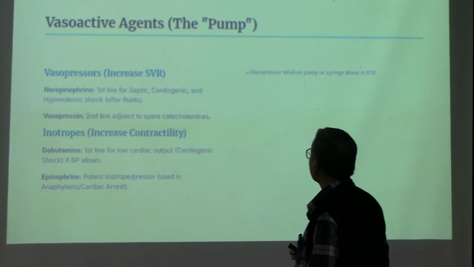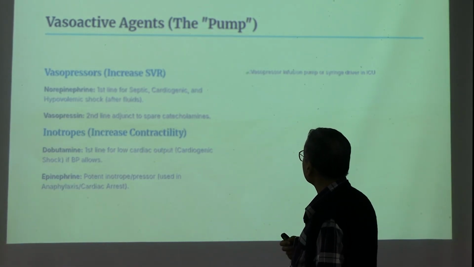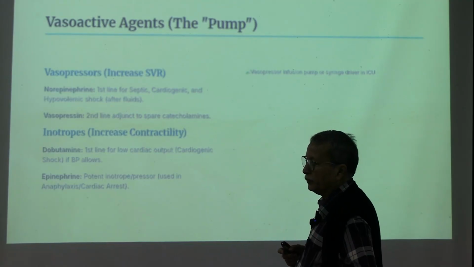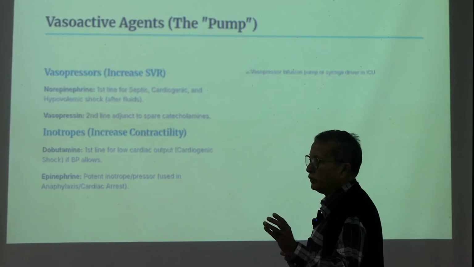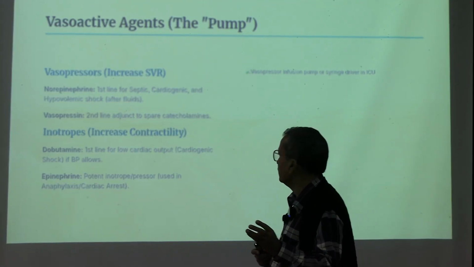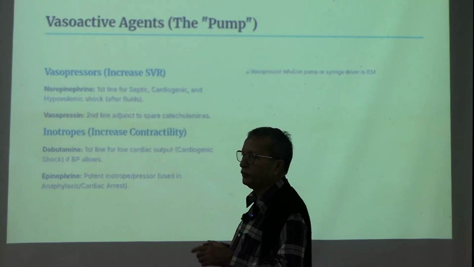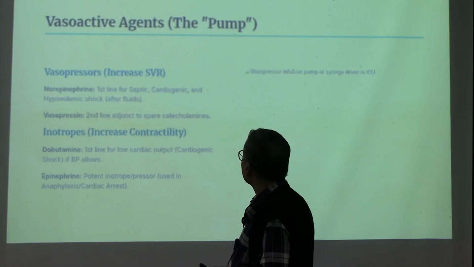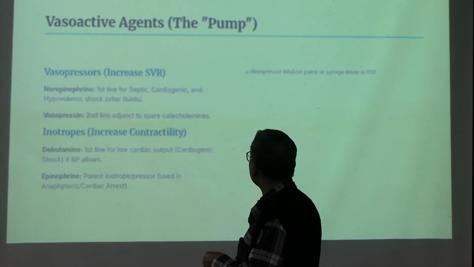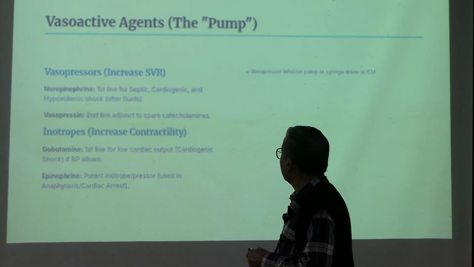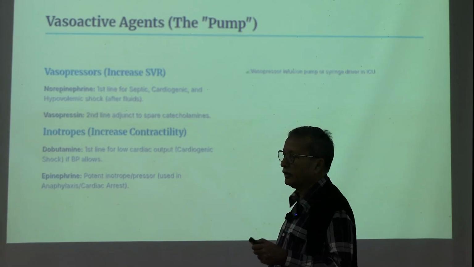What are the vasopressors? Sympathetic hormones, two hormones that the sympathetic nerves release. One is norepinephrine, another is epinephrine. Norepinephrine and epinephrine are also secreted by the adrenal gland.